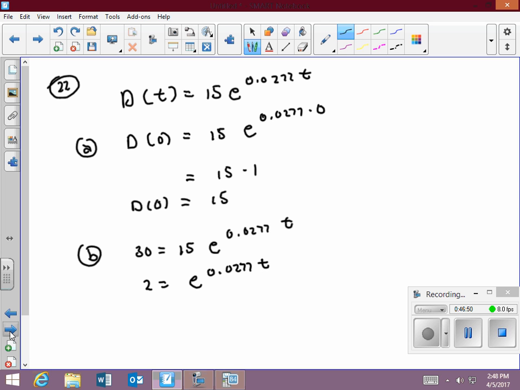And then you do what on that thing? Natural log of both sides. Then you bring that exponent down, right?